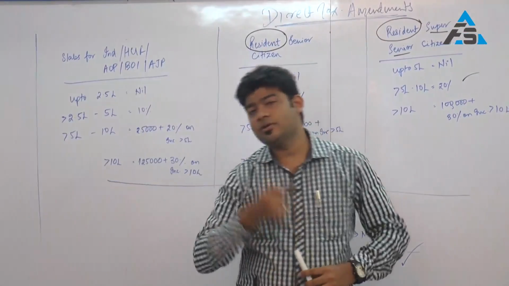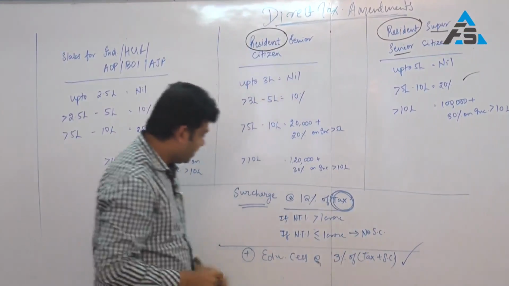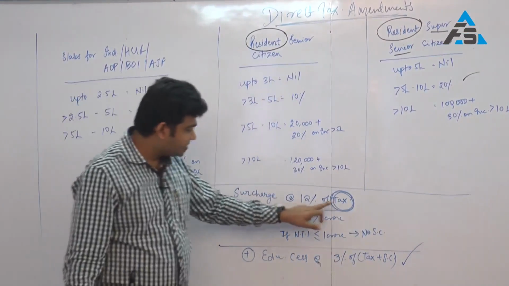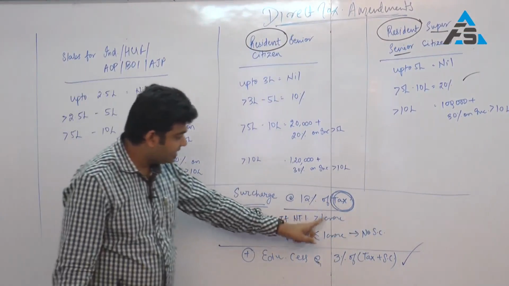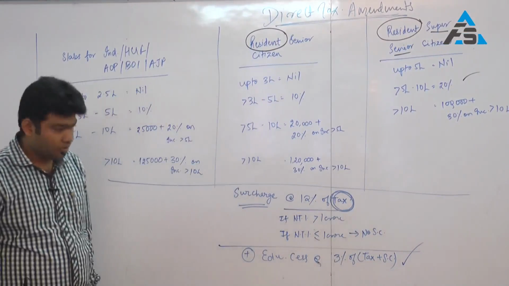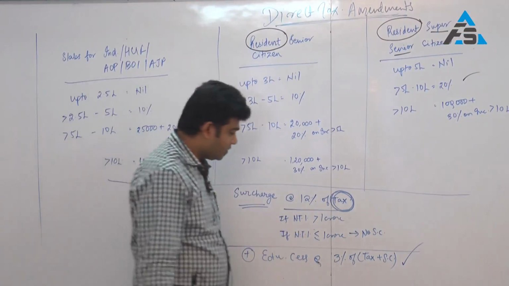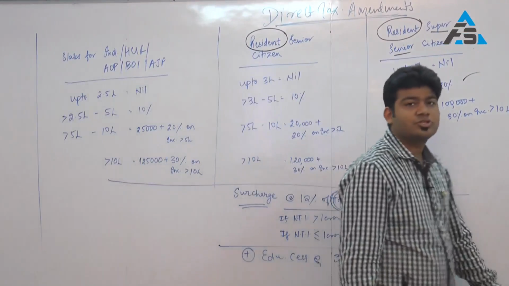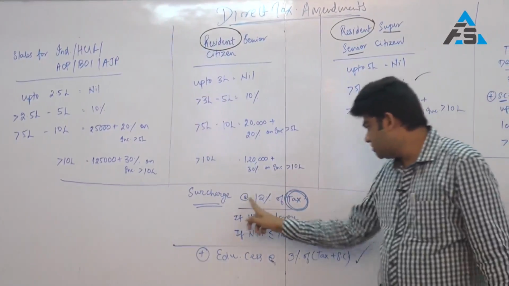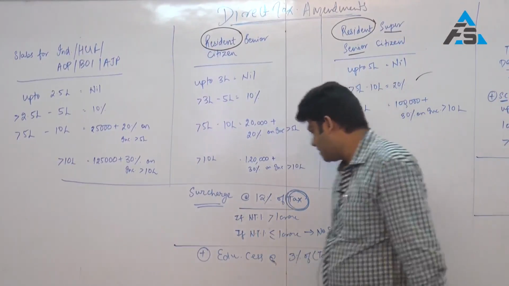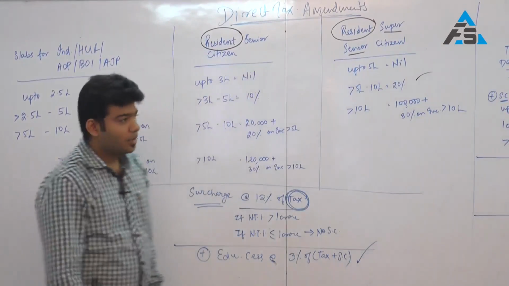Surcharge is calculated on the tax, not on the income. So surcharge at the rate 12% of the total tax only if my net taxable income is greater than 1 crore. If it is less than or equal to 1 crore, then in that case no surcharge is applicable. So surcharge at the rate 12% of tax if net taxable income exceeds 1 crore.